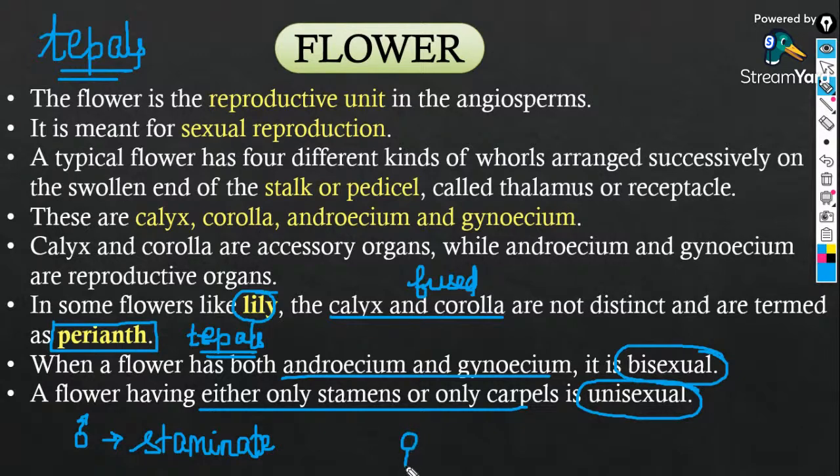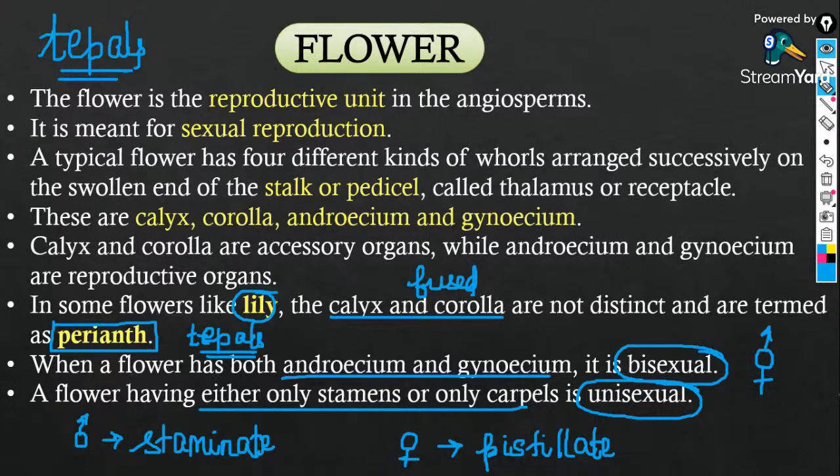And if a plant has only the female reproductive part, you will call it what? Pistillate. Clear? And bisexual condition means both male and female structures are present on the single plant.